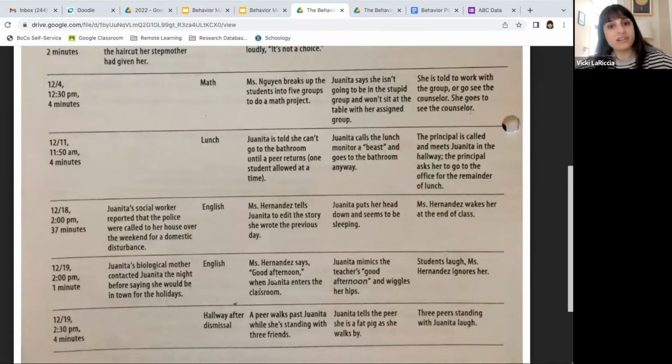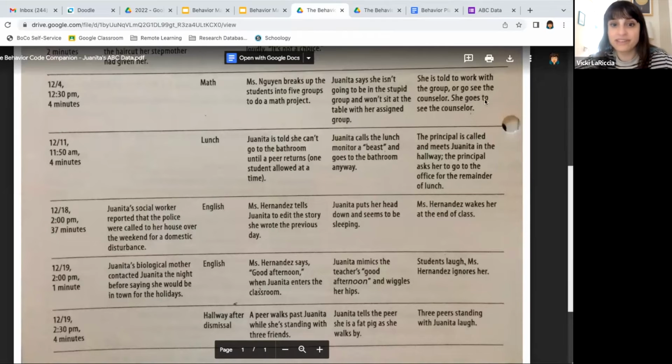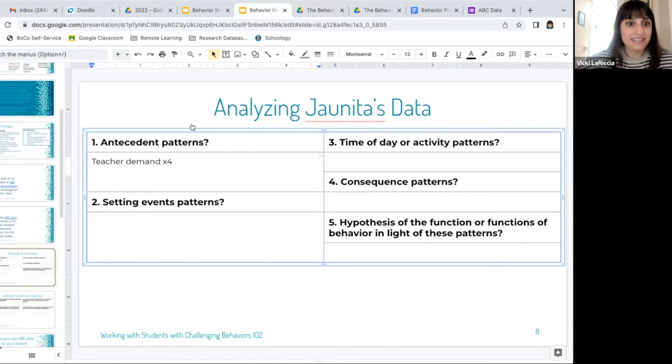So Ms. Hernandez says good afternoon, and then a peer walks past Juanita while she's standing with her friends. So what do those 2 things have in common? The consequence might have an attention piece to it, but what do the antecedents have in common there? Yeah, like there's another person interacting. Exactly. Nice. All right. You guys are doing great with this.